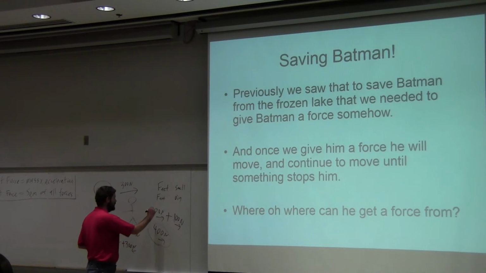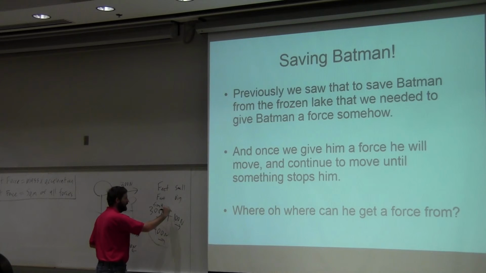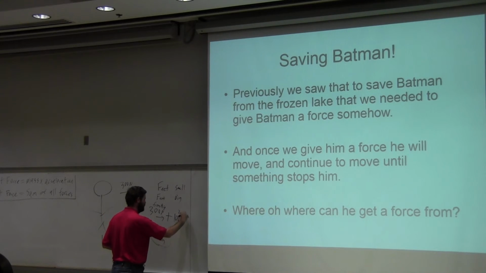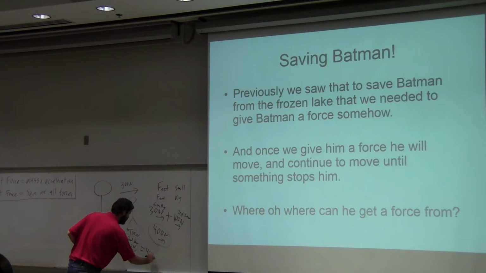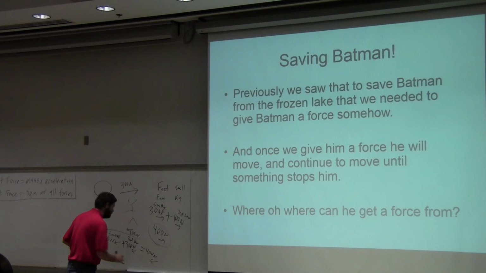So again, this is the force from big, and this is the third law. This is from small, and this is the third law. And so the total is 400 newtons this way.